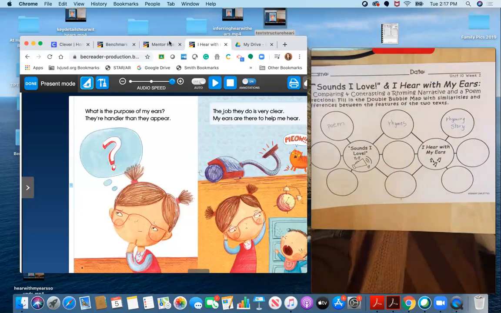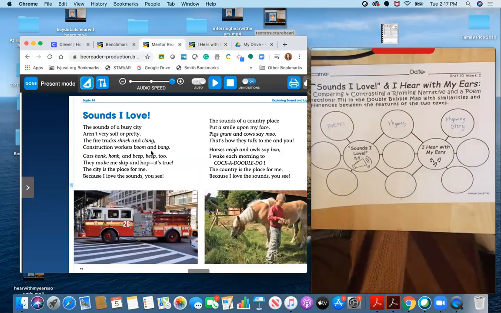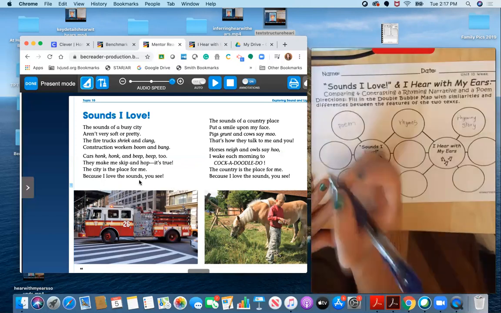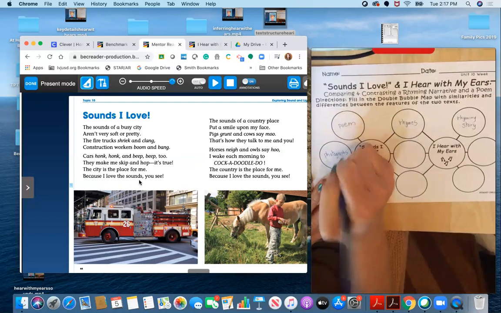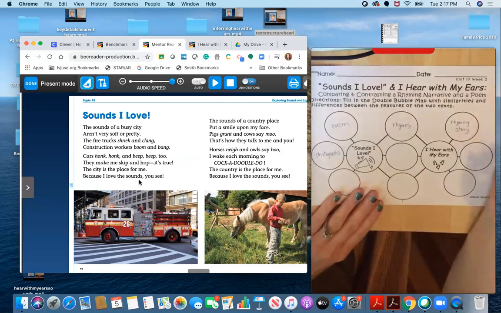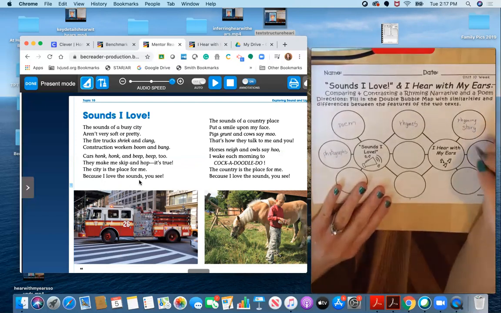If we click back to Sounds I Love, what kind of illustrations are here? What kind of graphic features? Those are photographs, right? So we're going to put photographs here. And we can put illustrations here.